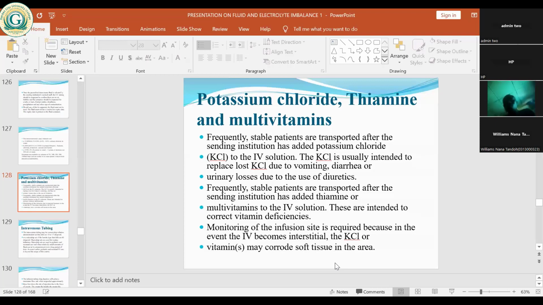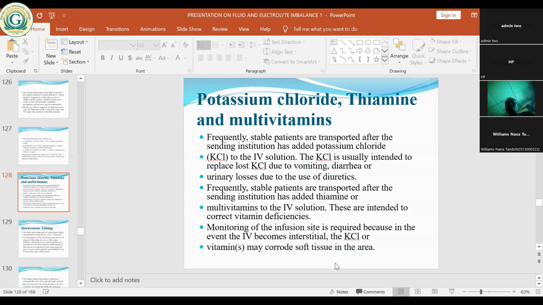Frequently, stable patients are transported after the said institution has added potassium chloride to the IV solution. The potassium chloride is usually intended to replace the lost potassium due to vomiting. If the patient is having severe vomiting and severe diarrhea, then you know the element that the patient is losing. So you'll be tempted to put in potassium chloride to maintain the ions that are being lost through vomiting and diarrhea, or sometimes excessive urination through diuresis.